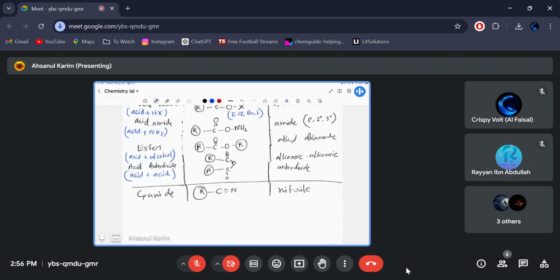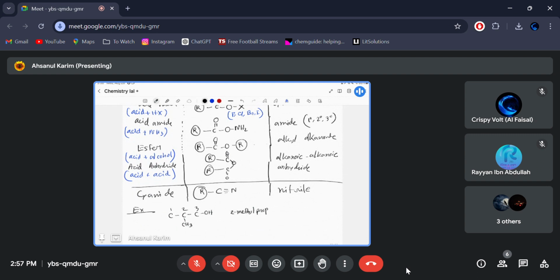Okay. Now let's start with alcohol. These are examples of how to name an alcohol. I have this. So what will be the name of this alcohol? Very easy. 1, 2, 3. So 2-methyl, the prefix is done.